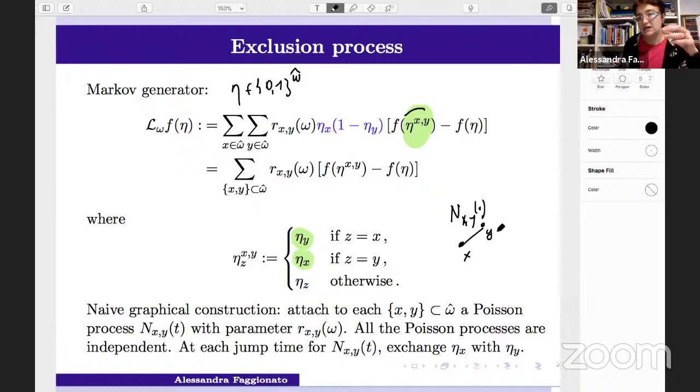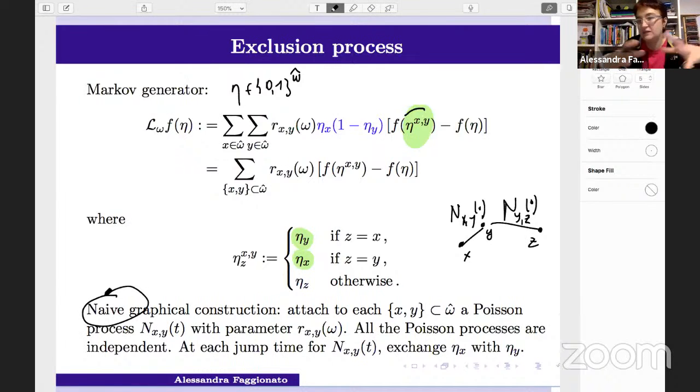All these processes are independent of each other. When, for example, the Poisson process of the pair x and y increases by one unit, so when it jumps, then you exchange the occupation numbers eta_x and eta_y.